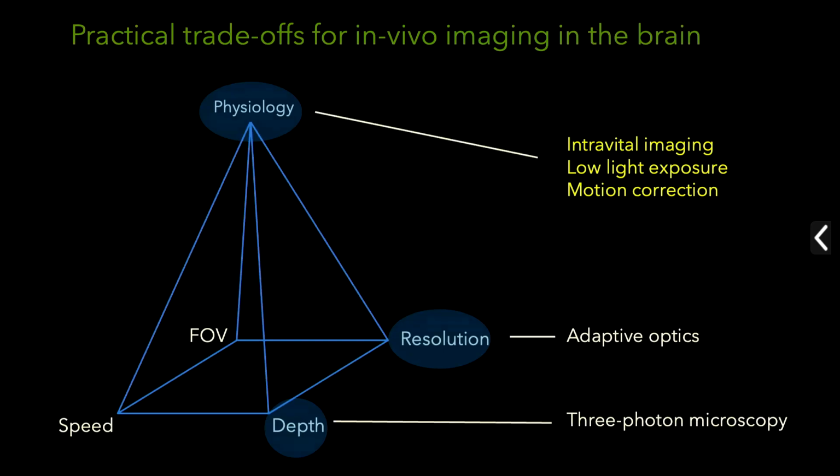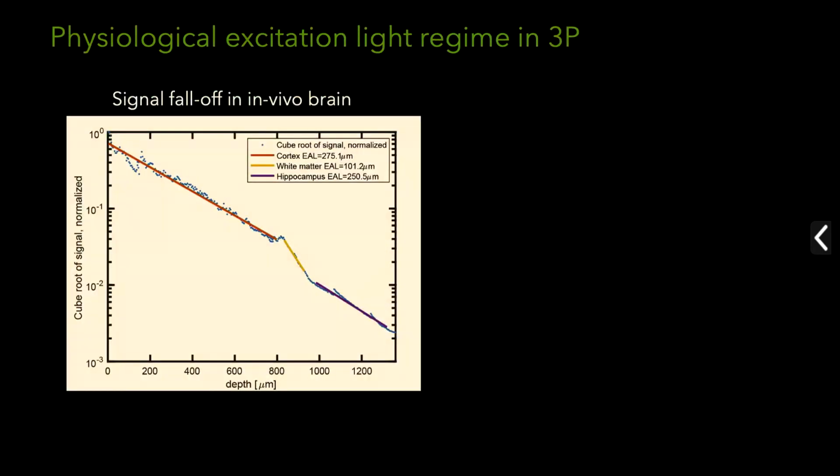However, we normally have to take great care in intravital imaging to not blast the brain with too much light excitation, and that's usually a big concern in the field. And so we've expended some time to optimize all our imaging conditions to make sure that the brain remains in a healthy and viable state. For this, what we normally do is that we first characterize how the brain attenuates our fluorescent signal with depth.